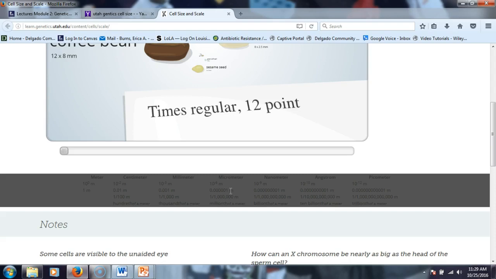In truth, we can see about 200 nanometers, which is even smaller than micrometers. A nanometer is 1/1,000,000,000th of a meter, or 1/1000th of a micrometer. So we're talking really small measurements here.